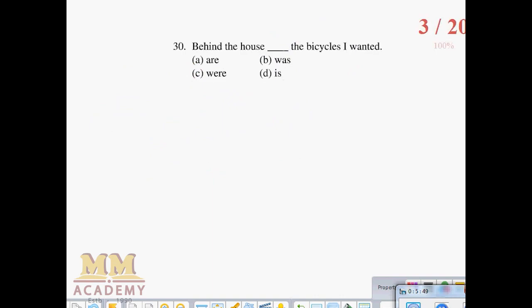Behind the house, dash the bicycles I wanted, right? Okay. Now, behind the house, dash the bicycles I wanted. Our topic is bicycles, right? I wanted the bicycles that dash behind the house.